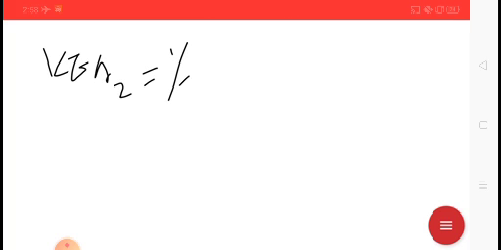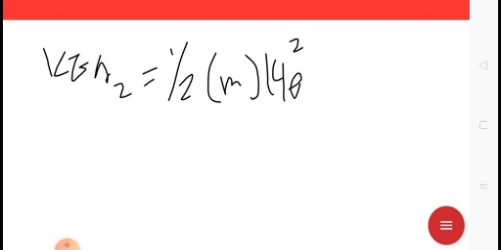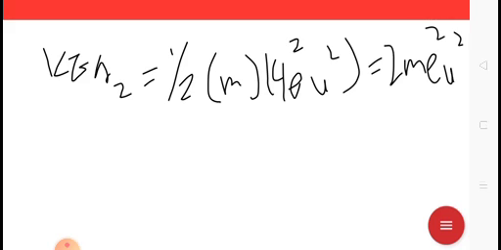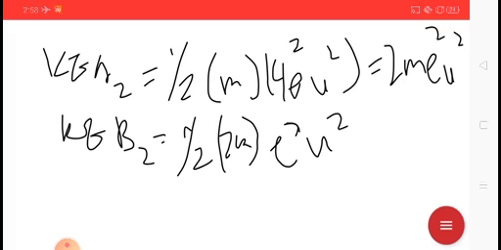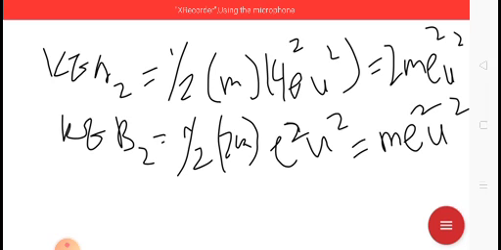After, you will have KEA2, 1 over 2 times m times 4e squared u squared, so 2m e squared u squared. KEB2 is 1 over 2 times 2m times e squared u squared, so you have m e squared u squared.